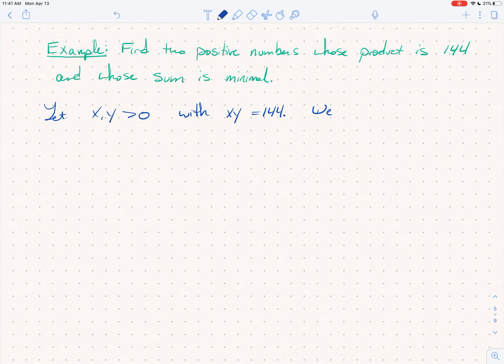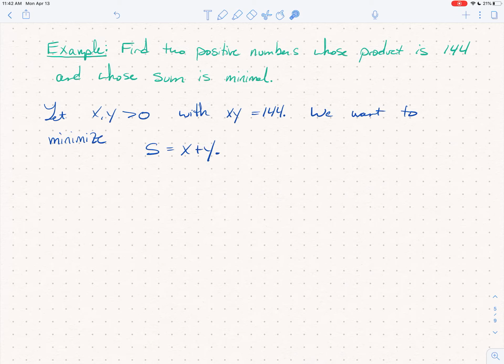So we want to minimize S equals x plus y. And so right away, we've run into something we haven't seen before, where the thing that you want to optimize, in this case minimize, actually involves two variables. Notice there's x and y.